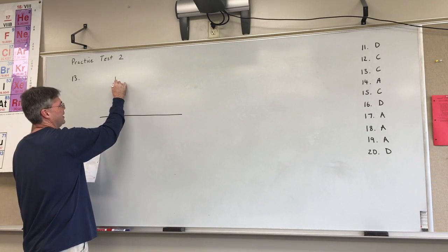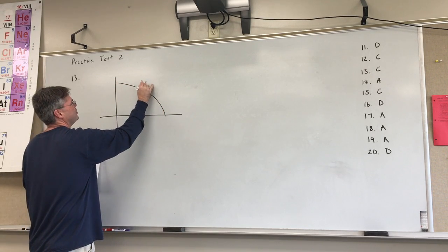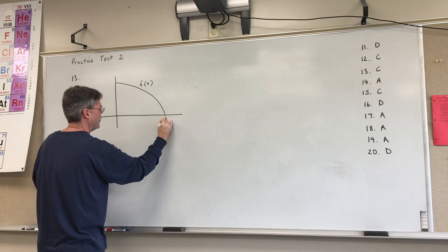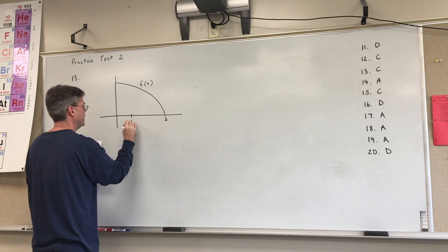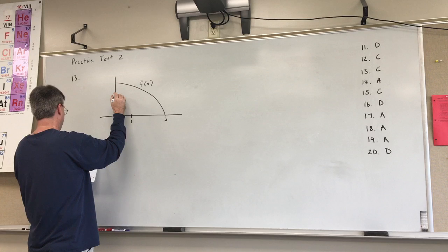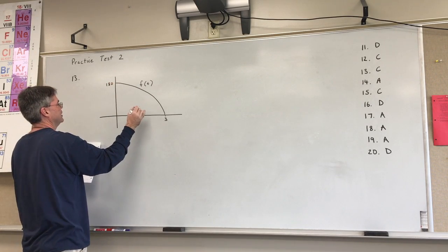Okay, and so we've got this kind of situation. This is f of t. This is at 3, and we'll say 1 is right here. And it looks like that's about 180 or so up here at the top.